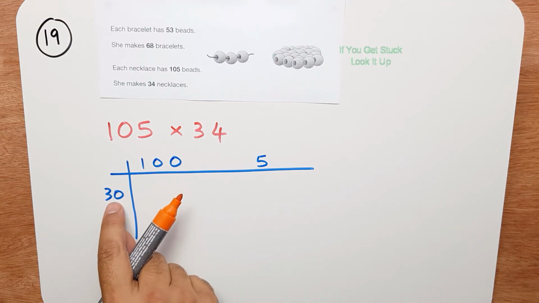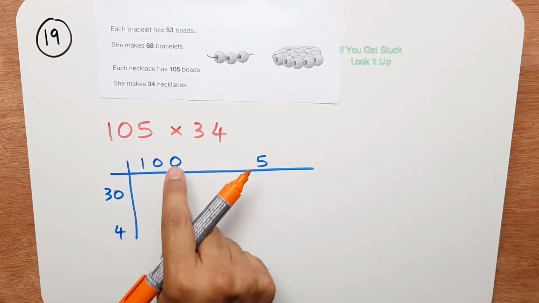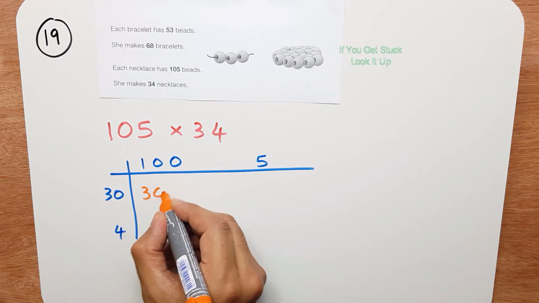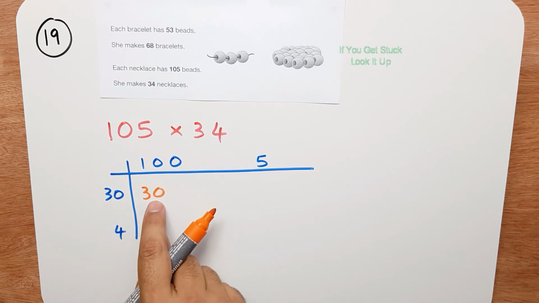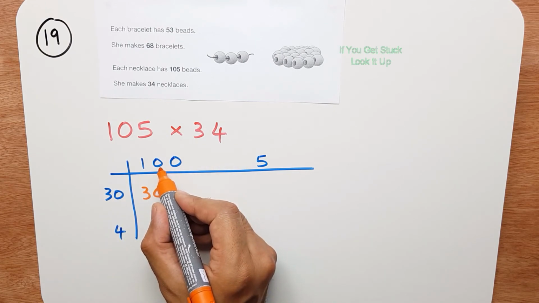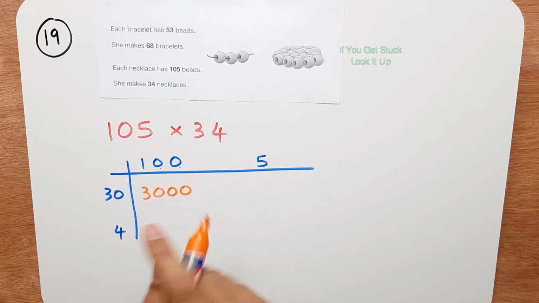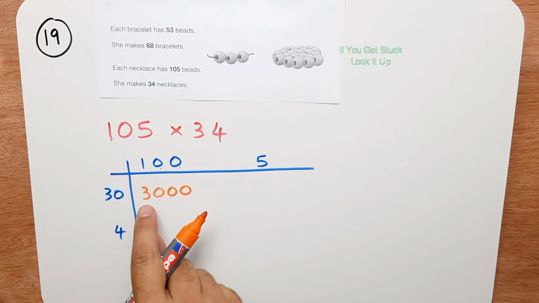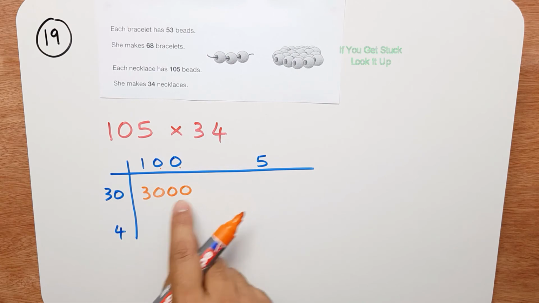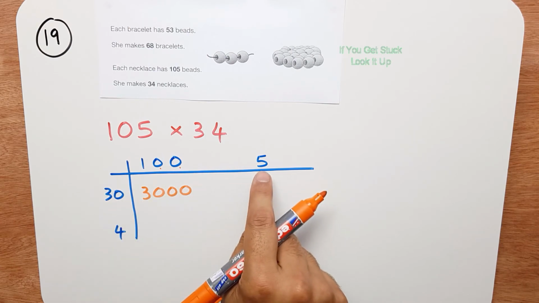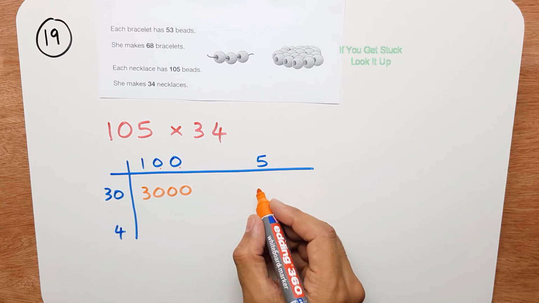Whenever you multiply a whole number by 100, you write the whole number down. So I've written this 30 here, and I'm going to add 2 zeros. 1, 2. So 30 times 100 is 3,000. Now 30 times 5.